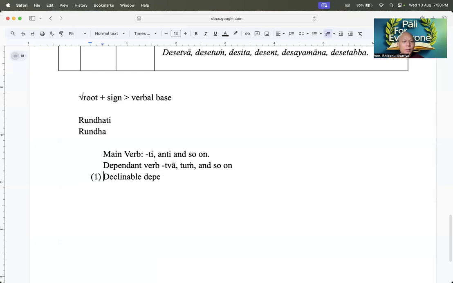One is the indeclinable dependent verb, and the other is the declinable dependent verb. Indeclinable dependent verbs are those ending in doa and do. Indeclinable means they never change.